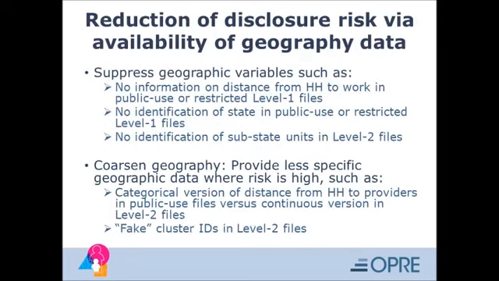One of the key strategies that the NSECE has used to reduce disclosure risk is through the suppression and reduction of geographic level information. So the first way is that we have simply suppressed some geographic information in the data file. So for instance, in the public use files and the restricted level 1 files, there is no information on distance from household to work, and there is no identification of the state in either the public use file or the restricted use level 1 files.